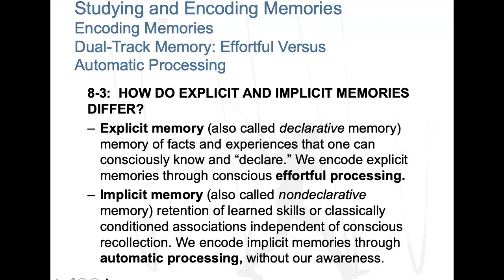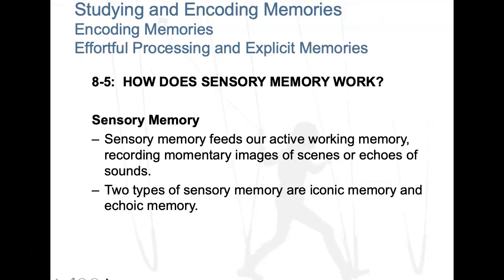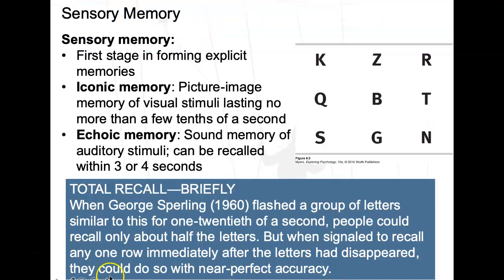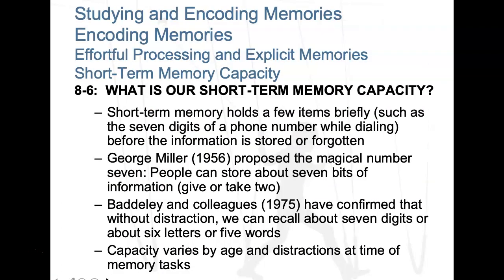So implicit and explicit. All right, we talked about sensory memory, and let's focus on the two types, which are iconic and echoic. Iconic is very simple. What you see is a visual memory, an icon, and echoic is an auditory memory, a sound memory of something that we heard. So those are the two types of sensory memory.